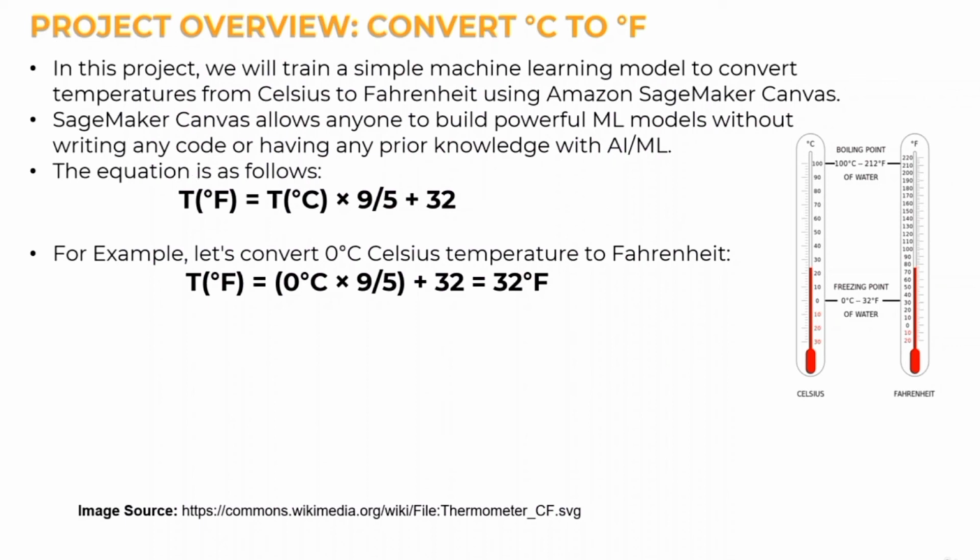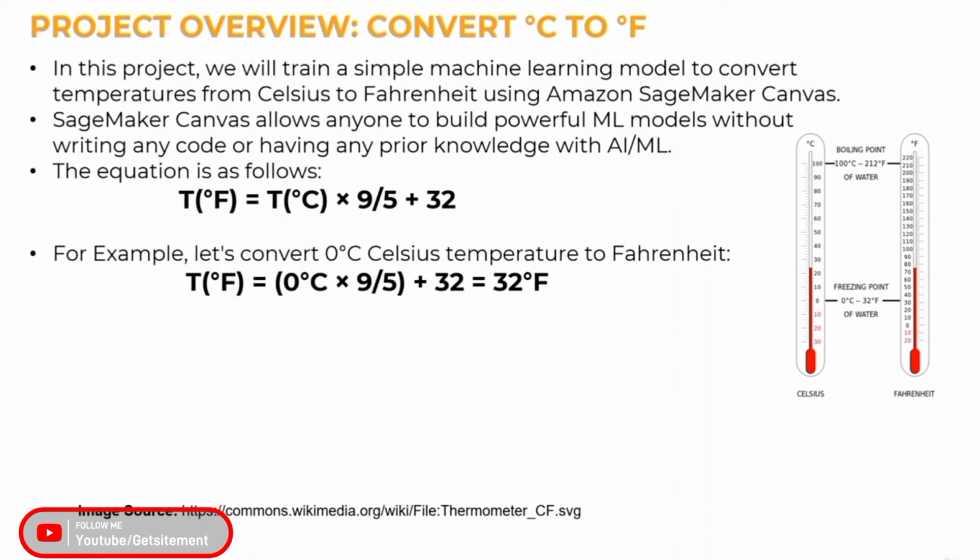And the assumption that we are going to make right now is that we don't know this function to start with. All I know is that I have two variables: the temperature in Celsius and the temperature in Fahrenheit. I am trying to find these coefficients. I would like to train and optimize a simple machine learning model that will try to predict for me what this coefficient will be, which is 9/5, and this other coefficient, which is 32.